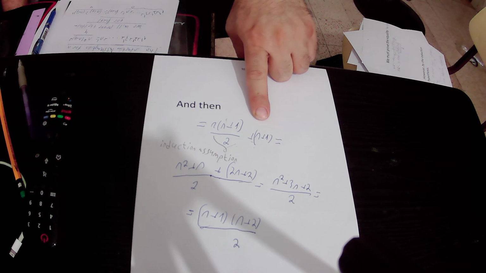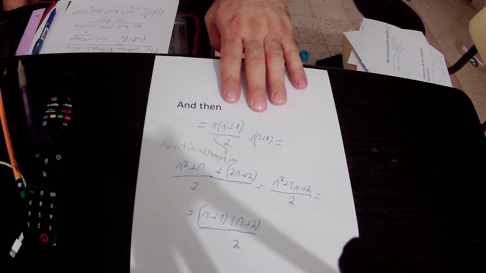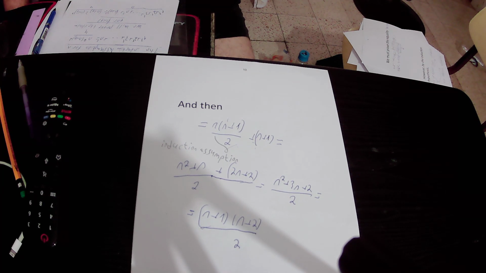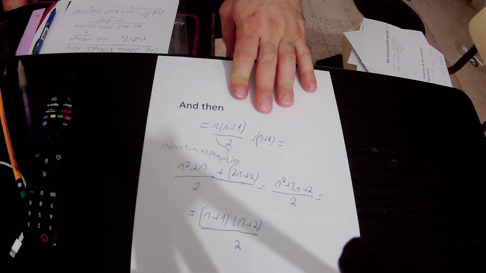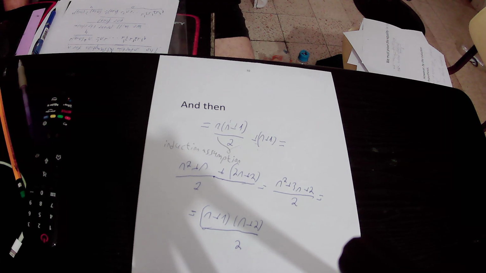And actually we must prove that this expression equals n plus 1 times n plus 2 divided by 2. Okay, that is the proof of the claim for n plus 1.